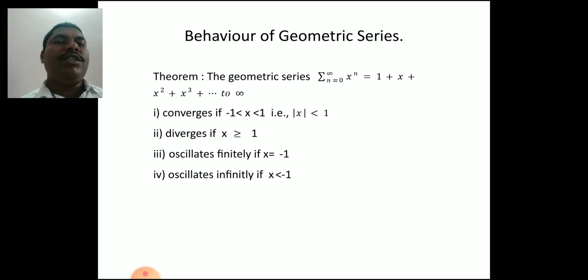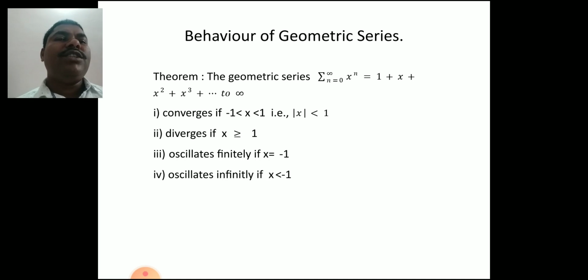The first condition is: this series converges if modulus of x is less than 1. That means x lies in between minus 1 and plus 1.